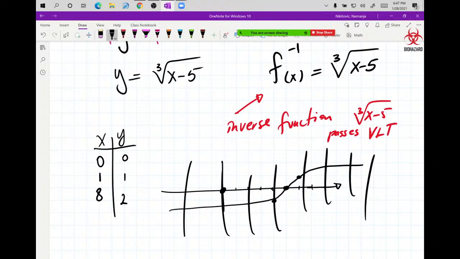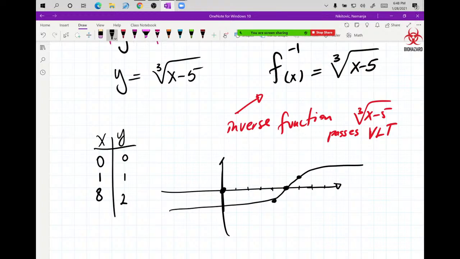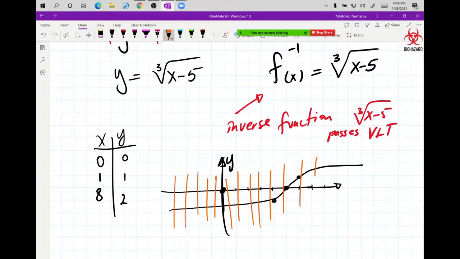So I just move along. You, trying to learn this, have some self-discovery to do, and say, oh, yes, it is a function because it does pass the vertical line test, because when you draw infinitely many of these vertical lines, they only cut through the function once. So it passes the vertical line test.